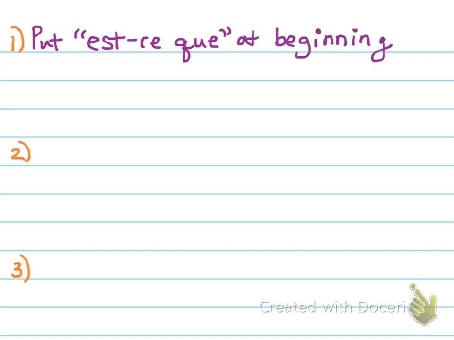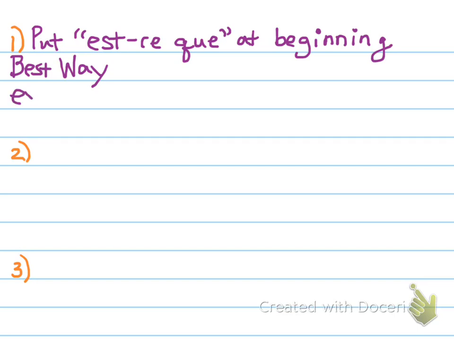Now, this is actually the best way to ask questions. And the reason it's the best way is because when you hear est-ce que, you know that it's a question. So this is definitely the best way to ask questions, and this is the way that I would prefer that you ask questions. And you're going to put est-ce que at the beginning.